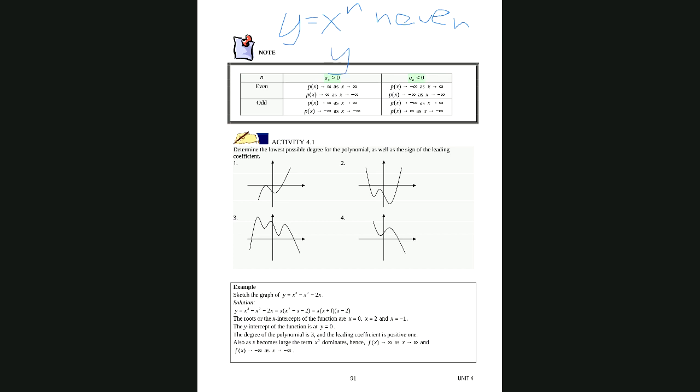When n is odd, the function is always an odd function. Can we all picture that? Remember that for an even function, f of x equals f of minus x, and for an odd function, f of minus x equals minus f of x.